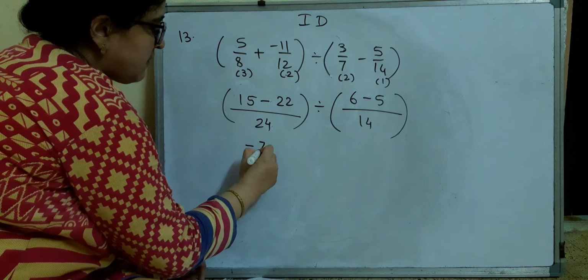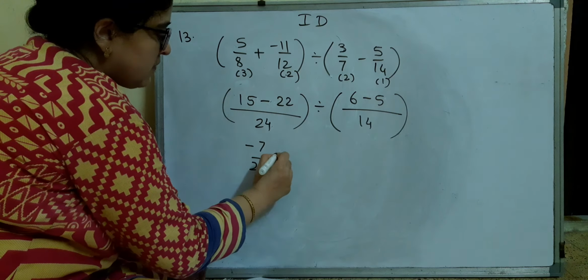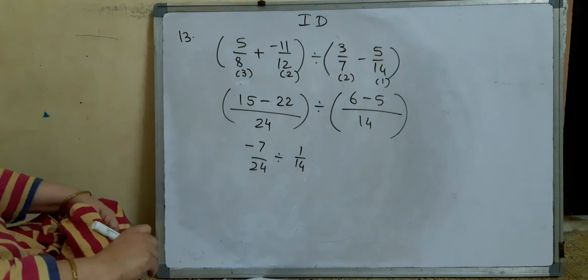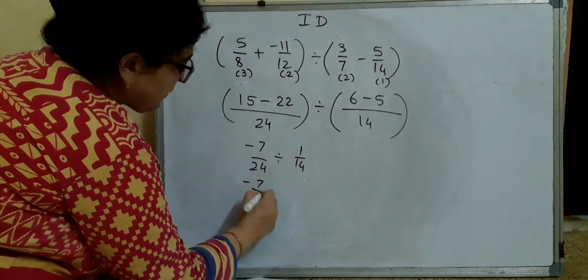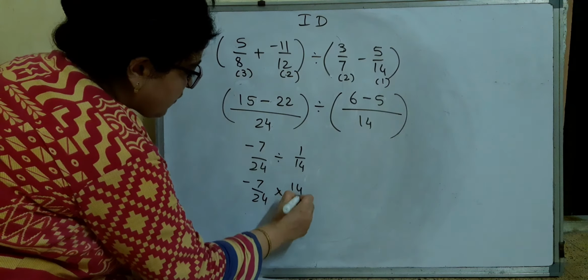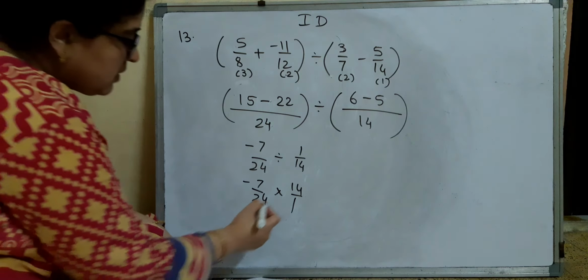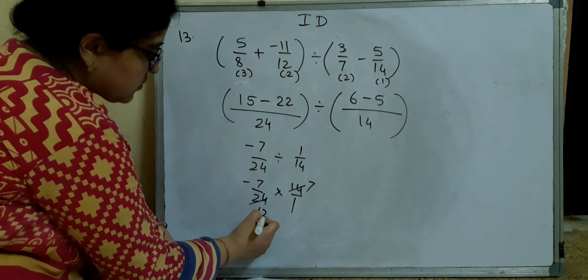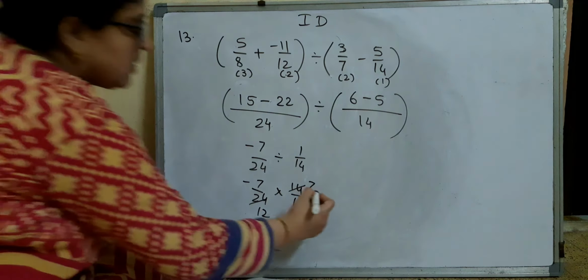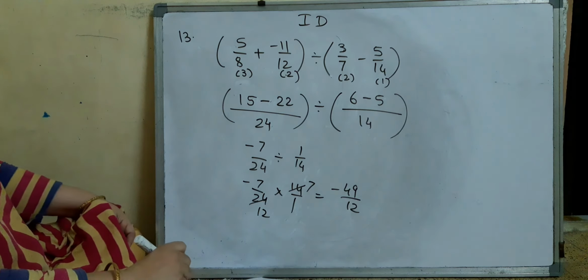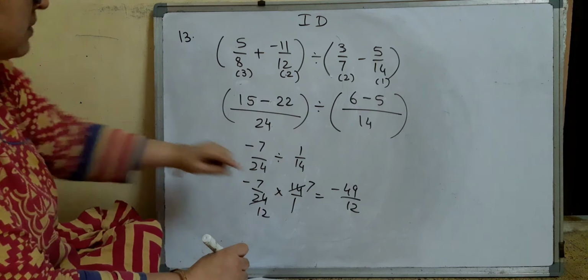This is -7/24 divided by 1/14. Now take the reciprocal: -7/24 multiplied by 14/1. 7 twos are 14, 12 twos are 24. The answer is -49/12. This is the first possibility.